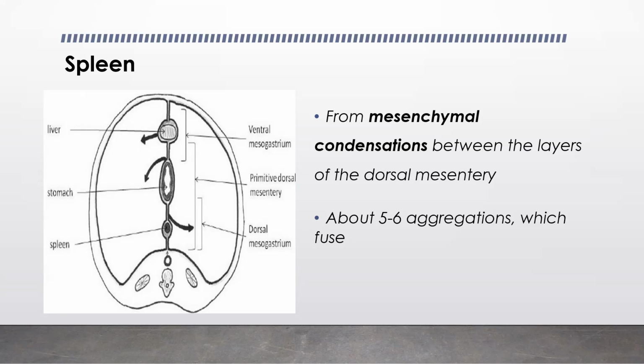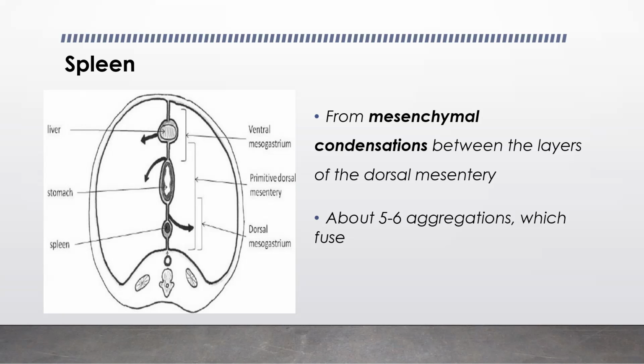So the mesenchymal condensations will come together, the cells will aggregate between the layers of the dorsal mesentery. There'll be about 5 to 6 of them, and ideally they're supposed to fuse.